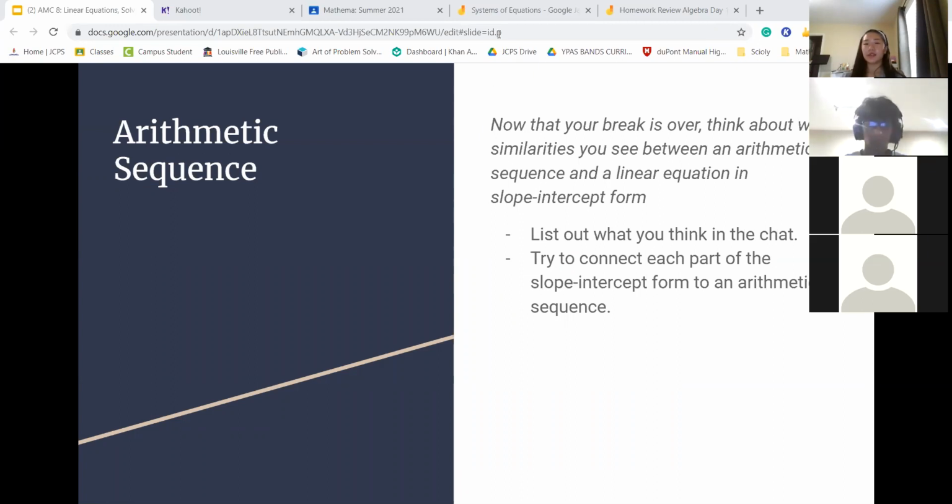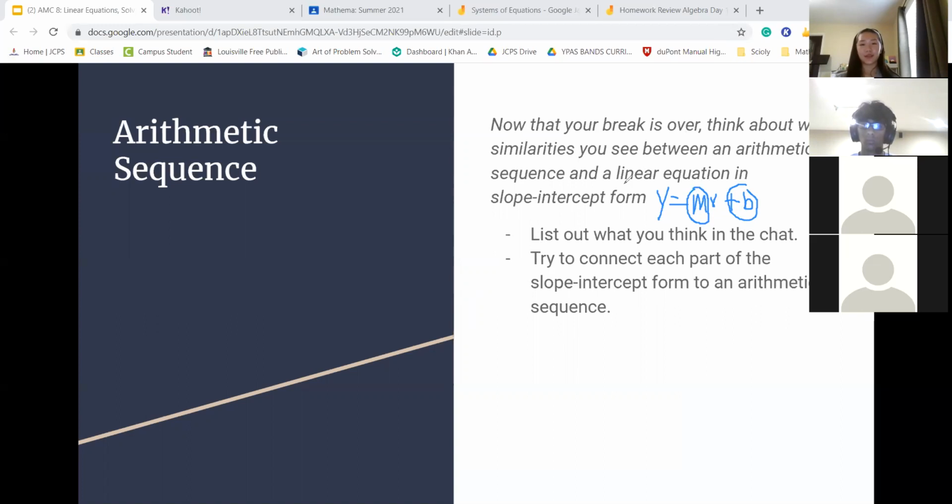A linear equation in slope-intercept form is y equals mx plus b. Hint: try to connect this slope and the y-intercept to different parts of an arithmetic sequence.